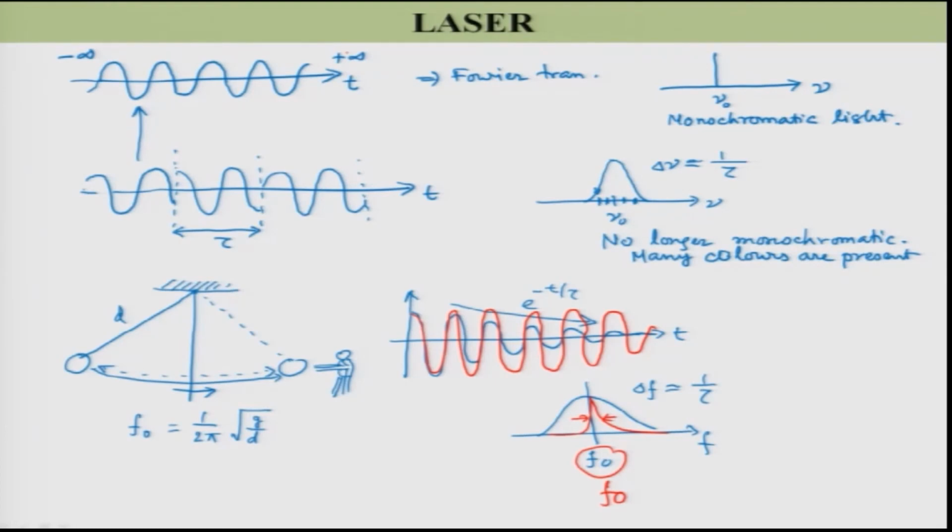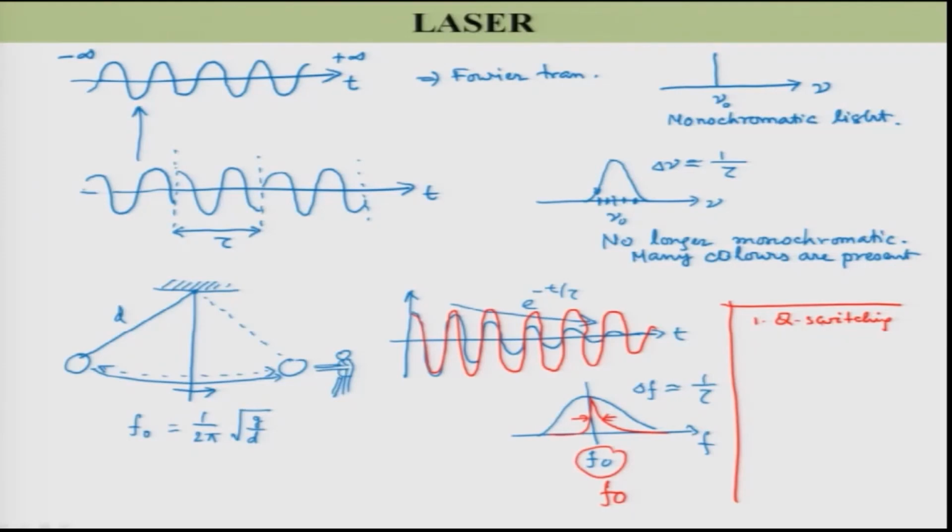Now, in the laser we have different methods to get a pulsed laser. The first one is Q switching. I am not going to describe all these methods because this course is not for this.